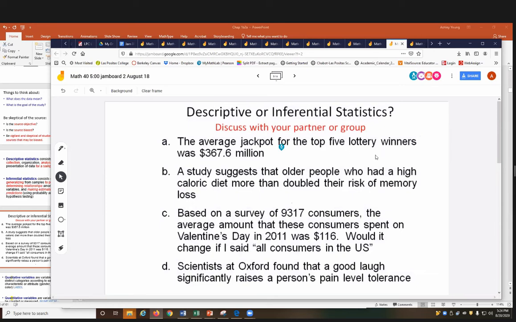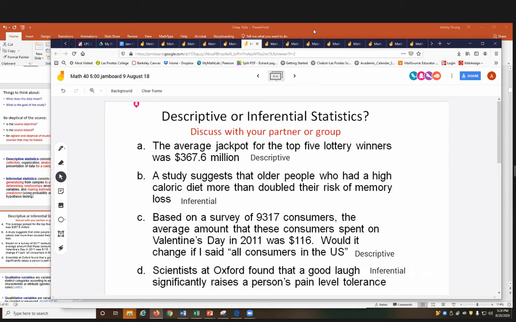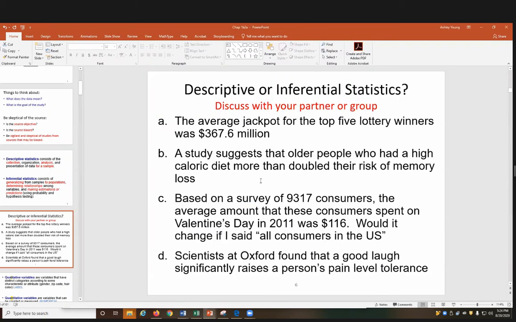All right. So let's go ahead and go back to here. So first off, the average jackpot for the top 5 lottery winners was 367.6 million. Is that a fact or is that a guess? It's a fact. Right, so is that descriptive or inferential?